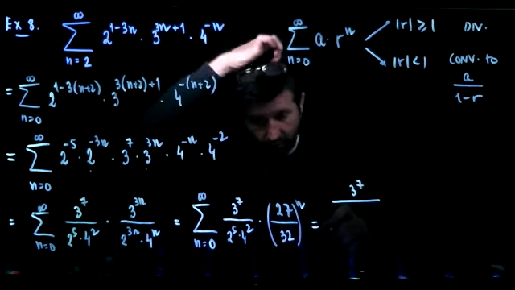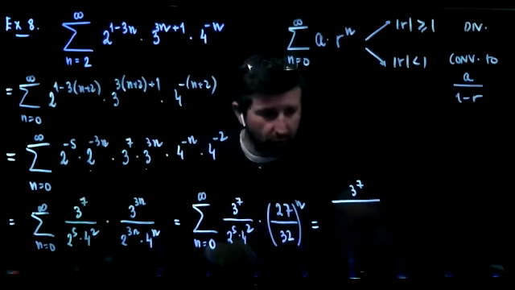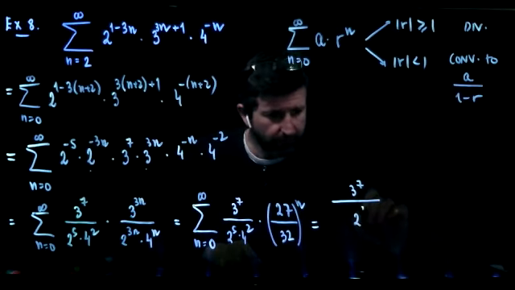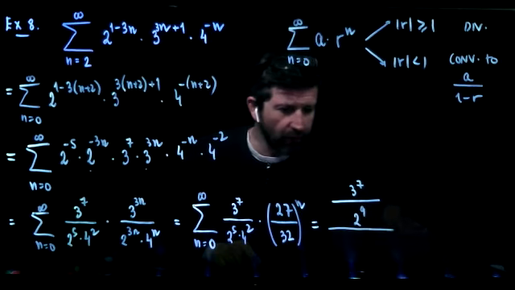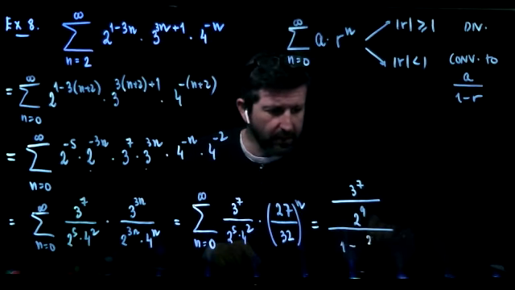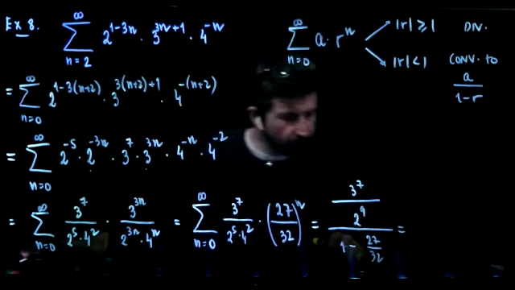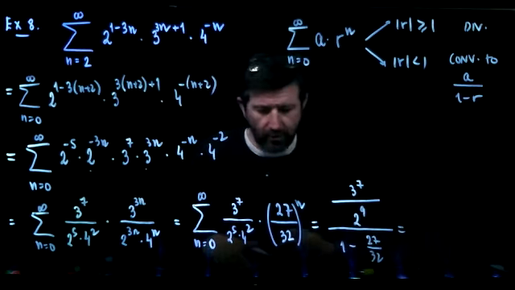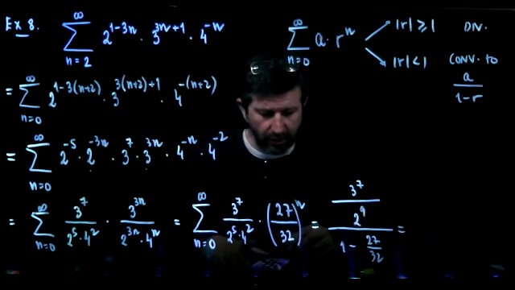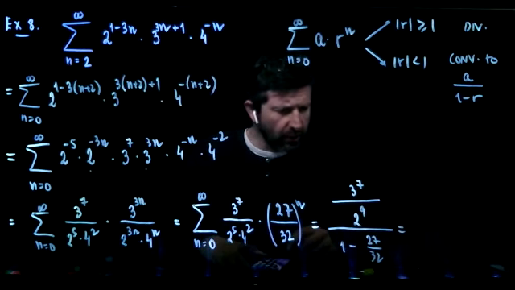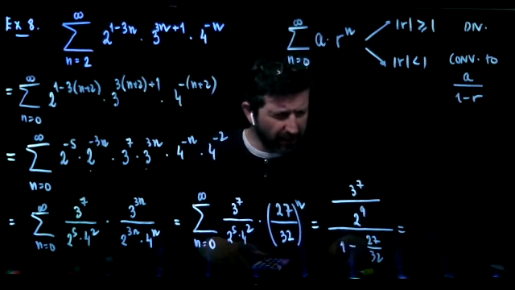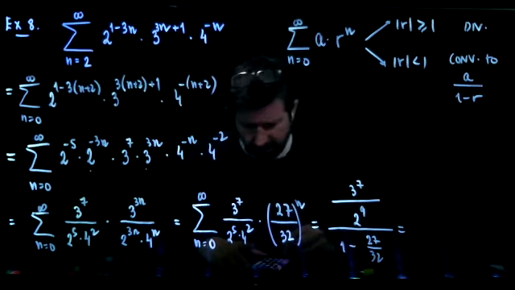So 32, so 2 power 9, over 1 minus 27 over 32, whatever that is. Okay, so 32 minus 5, so let me just calculate this. 32 to the power 5. 5 times, so 3 power 7 is what?